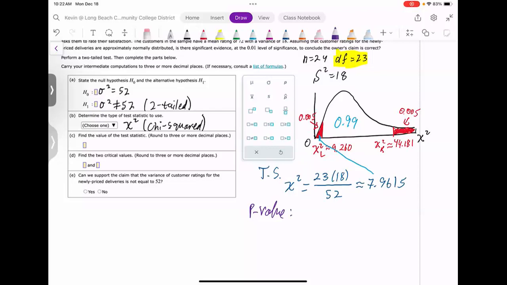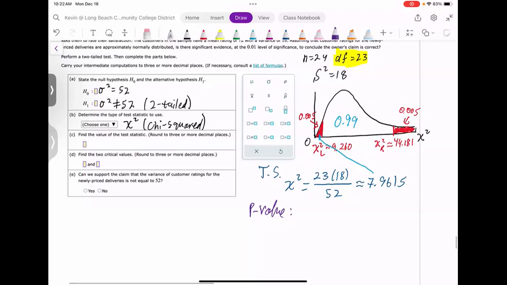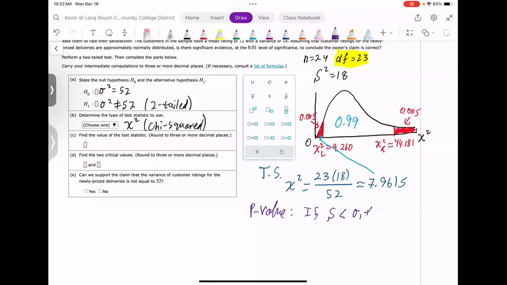The p-value, so let's start here. If s, or s squared, is less than sigma squared, which it is in this case, then it's in the left tail. Meaning it'll be the area of the left tail, the p-value in the left tail.